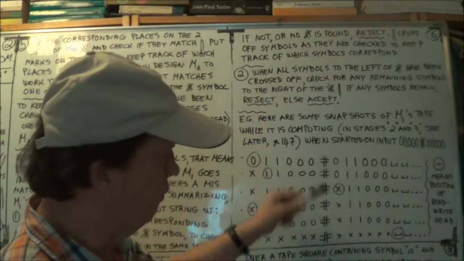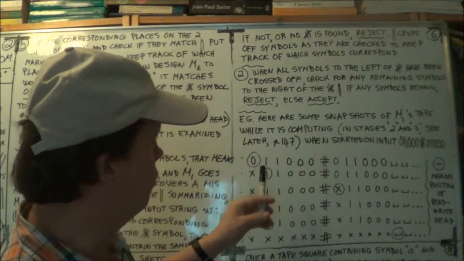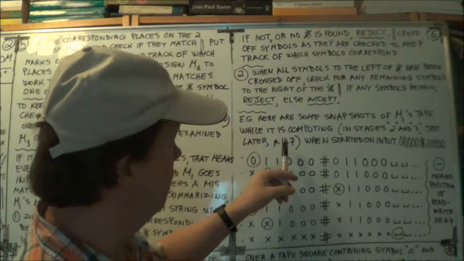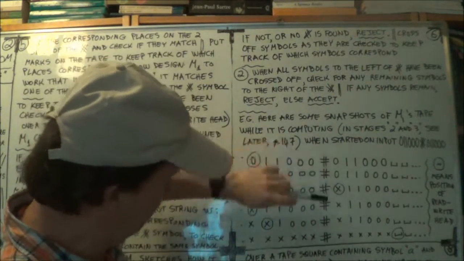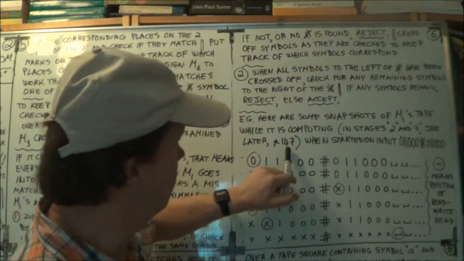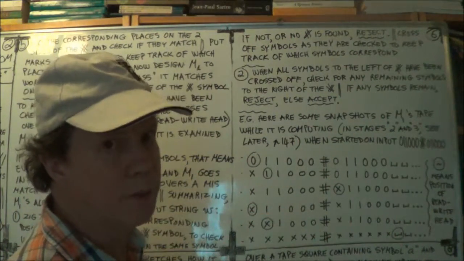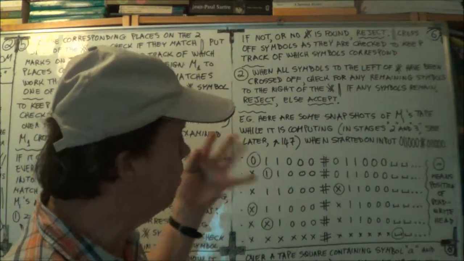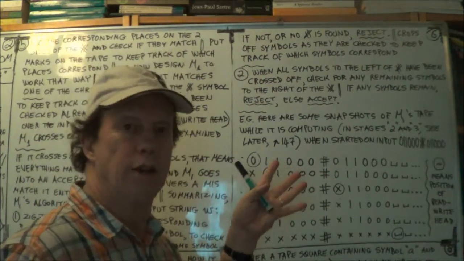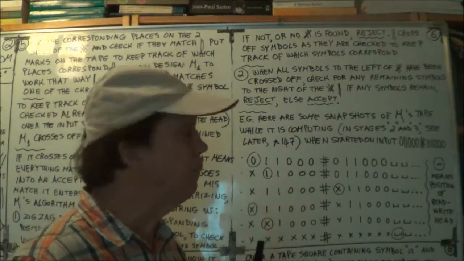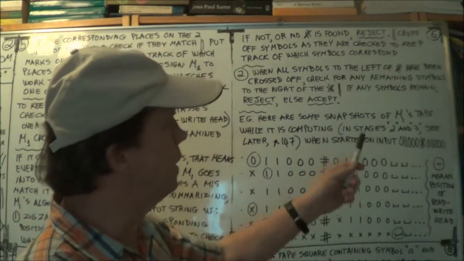It's just to give you a feel for how it works, for what the strategy is. Now, in a couple of pages in the text, ahead of where we are now, in fact on page 147, this processing will be described in much more detail. But at the moment, we're just trying to get a feel for what a Turing machine is, what it can do.